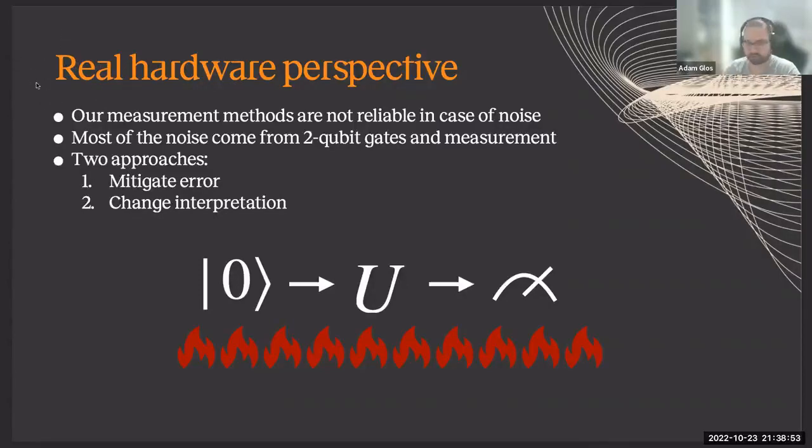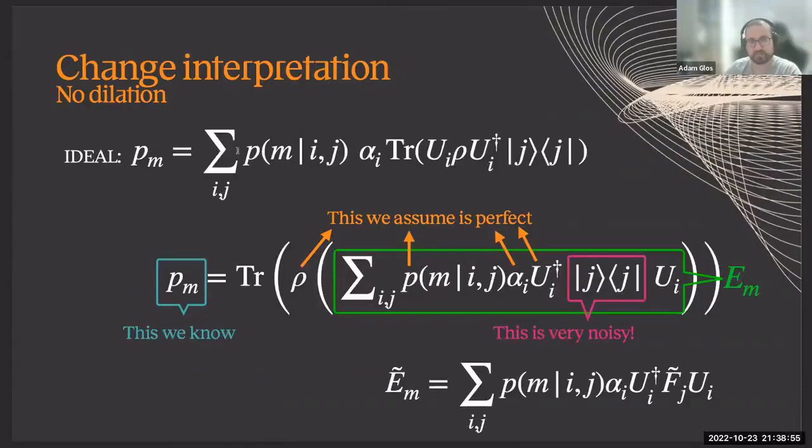Going again, unfortunately, very briefly, for example, for no dilation, of course, we assume that this mixed state, which we have as an input, is ideal because it's a completely different problem than the one we consider. This resampling and sampling of this classical procedure is also done ideally.